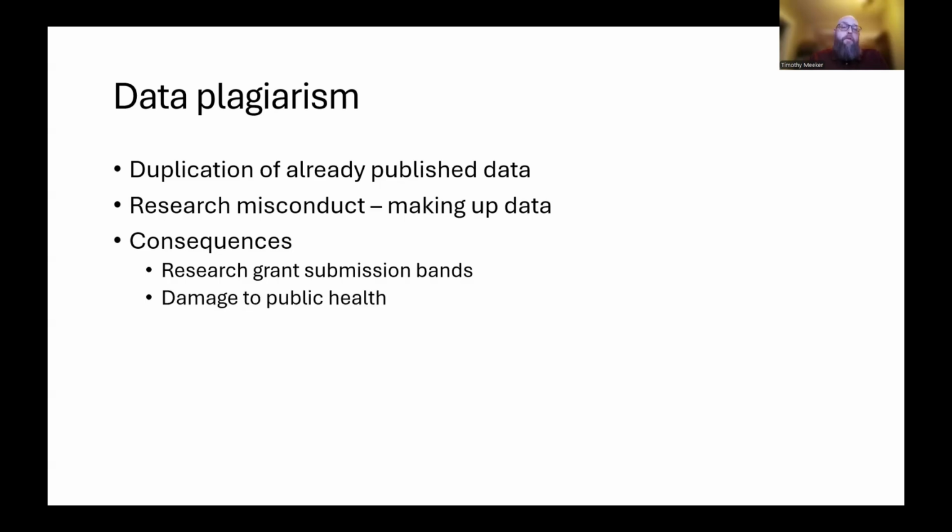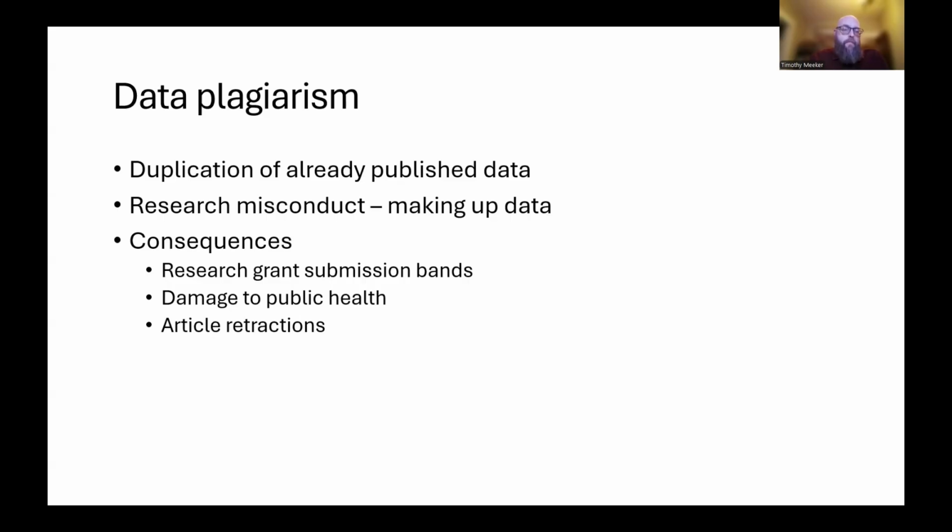Damage to public health, which I'll address at least one potential. There's a lot of things. I think there's a famous personality inventory that is based on largely made up data.